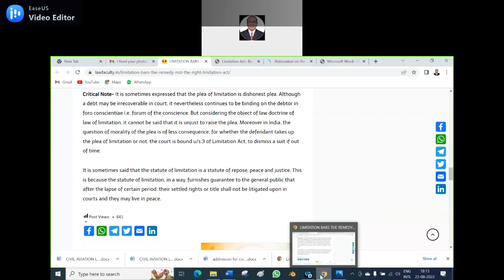They filed a case in the USA first, but the USA court said the forum is in India, the reason being that the cause of action arose in India. Let the case be filed in India. Again, on behalf of all the people, the Union of India filed a case against Union Carbide. That is the case law.